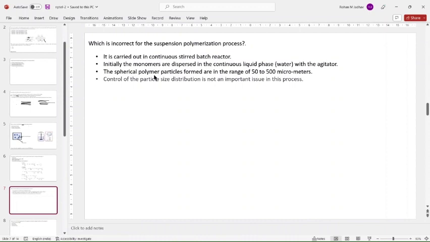So the correct answer for this question would be this, but you can get a hint from the fact that there is too much variation in the polymer particles, which itself is a big issue in controlling the particle size distribution.